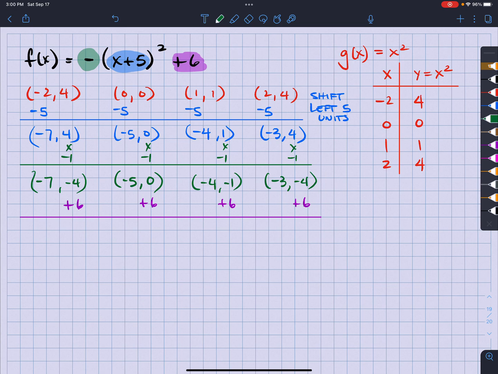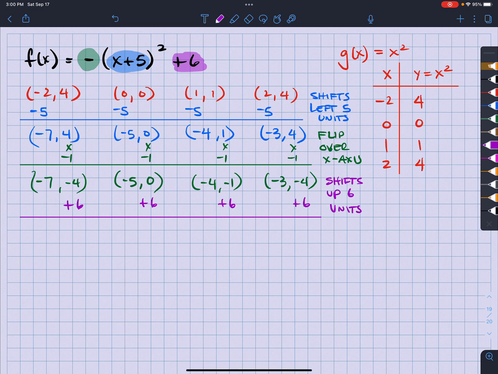The green flip over x-axis, and this shifts up 6 units. There we go. All right.